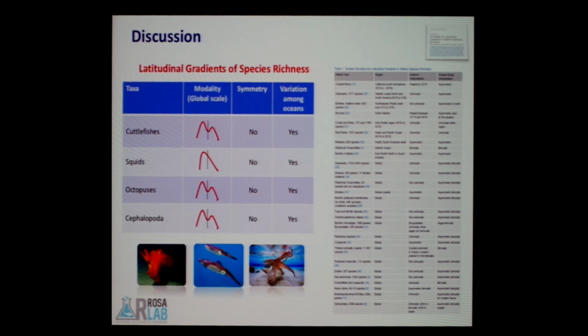They have variations among oceans, and they are bimodal and asymmetric. So not the same diversity between the north and south hemisphere. Squids have a peak in the north hemisphere, but unimodal. Octopus, like the cuttlefish, and the overall is definitely bimodal.